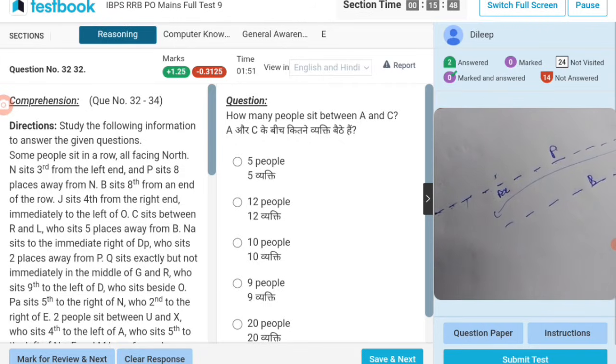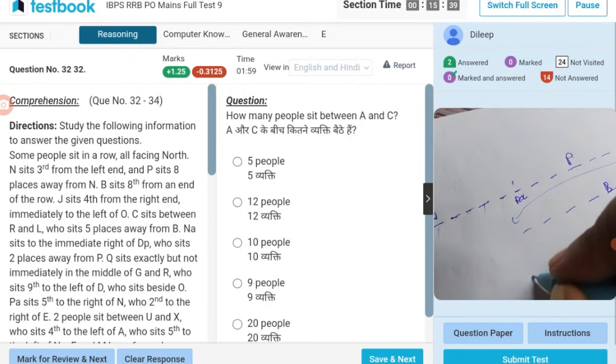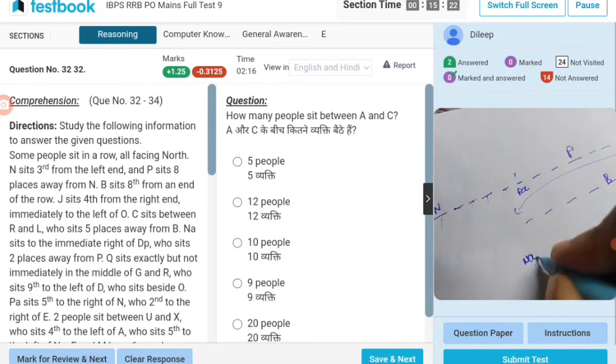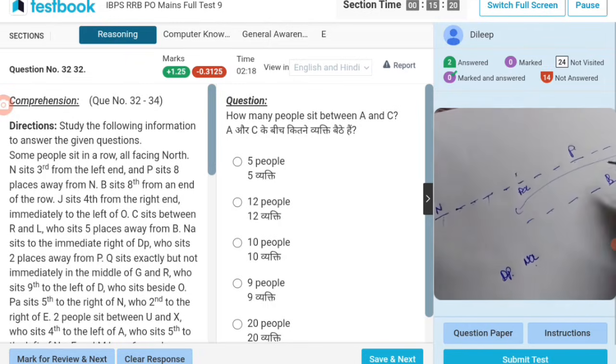J is 4th from the right end and immediately left of O. C is between R and L. L is 1, 2, 3, 4, 5. So C is between R and L. N is immediate right of D, and is 2 places away from P.